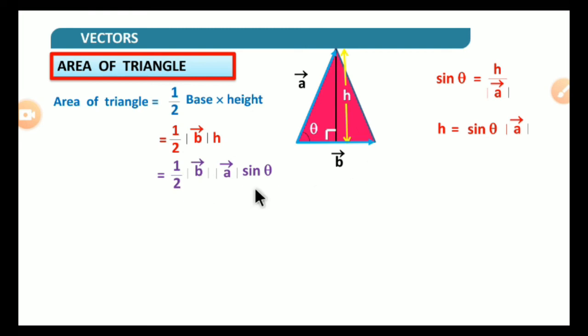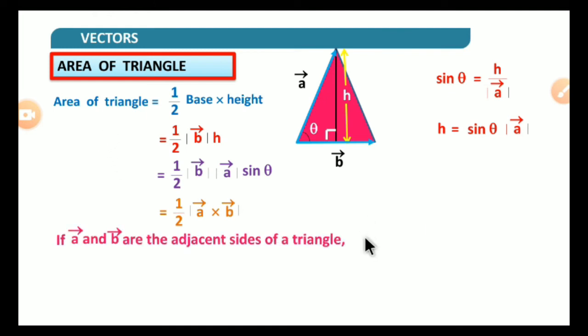By using the definition of A cross B and its magnitude, it is equal to 1 by 2 into the magnitude of A cross B. Therefore this is the area formula for the triangle which has A and B as adjacent sides.